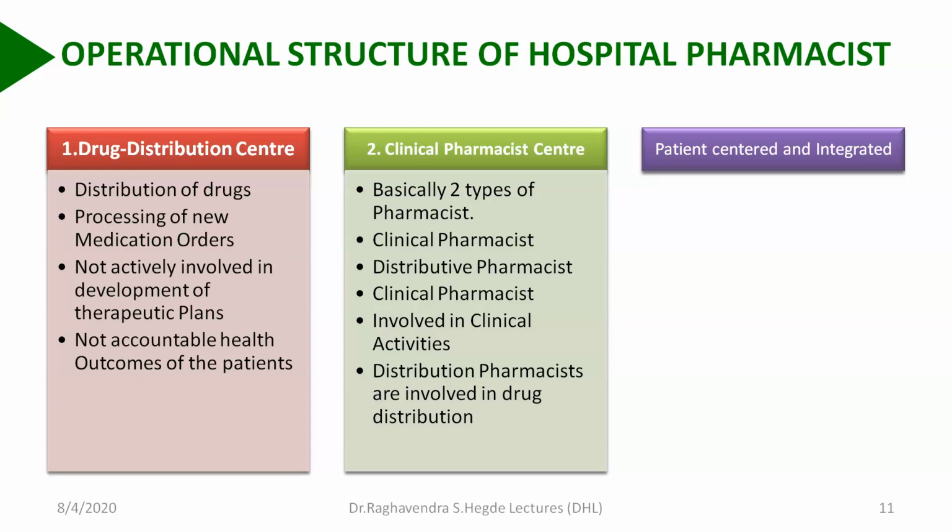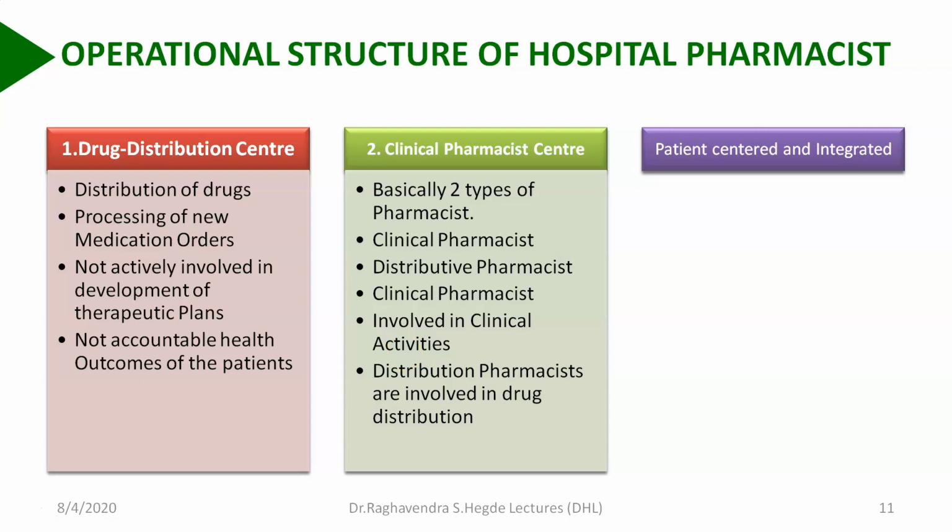On the other hand, the distributive pharmacists are mainly involved in the drug distribution process, reviewing orders and verifying the accuracy of the medication preparations done by the technicians. There is not much collaboration between these two types of pharmacists, and so these pharmacists are selectively accountable for the medication use process.